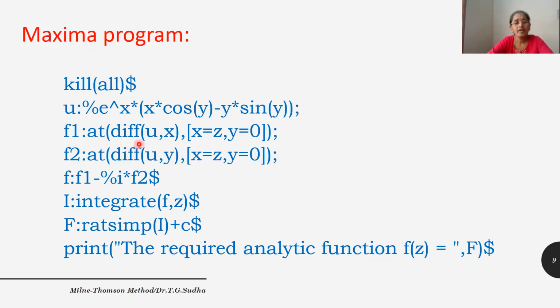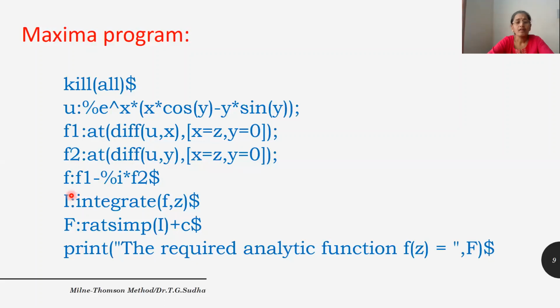So at diff of u comma x, x is equal to z and y is equal to 0 gives us the derivative of u with respect to x at x is equal to z and y is equal to 0. Let us call that as f1. Similarly, f2 is the derivative of u with respect to y at x is equal to z and y is equal to 0. Once again, at command is used.